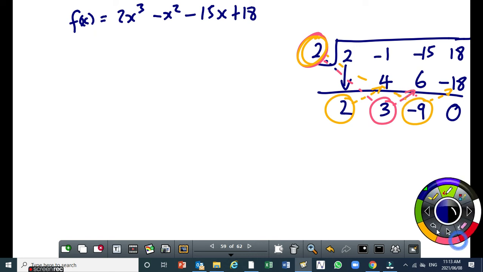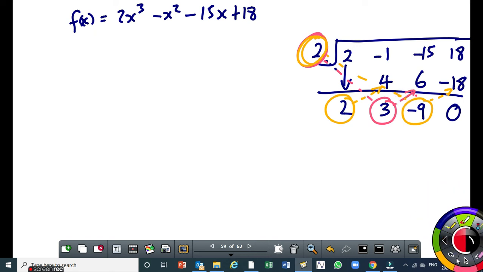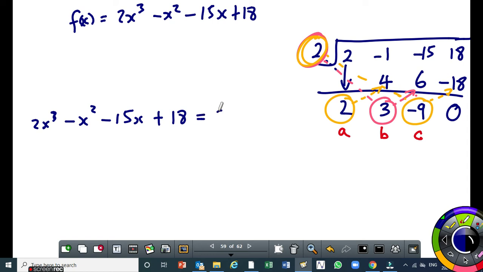Now what this means is, this 2 here is going to be my A, that 3 there is going to be my B, the minus 9 is going to be my C. So that polynomial, let me write it down here: 2x cubed minus x squared minus 15x plus 18 equals 0.